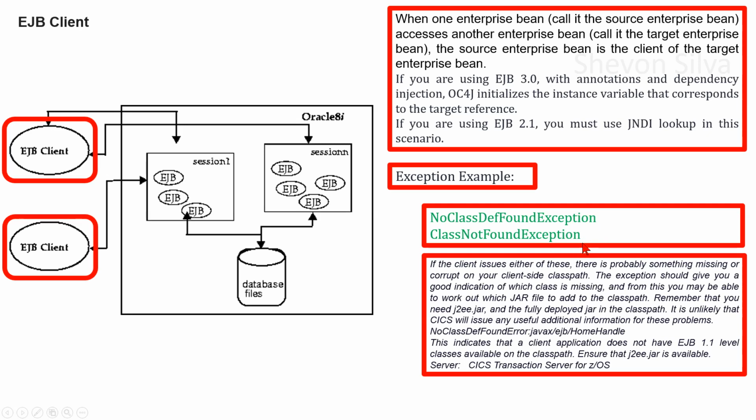If the client issues either of these, there is probably something missing or corrupt on your client side class path. The exception should give you a good indication of which class is missing, and from this you may be able to work out which jar file to add to the class path. Remember that you need j2ee.jar and the fully deployed jar in the class path. It is unlikely that CICS will issue any useful additional information for these problems.